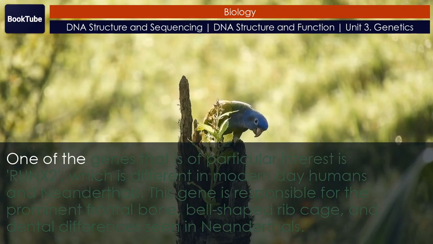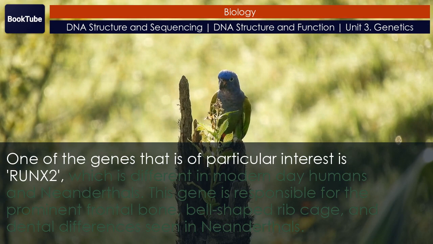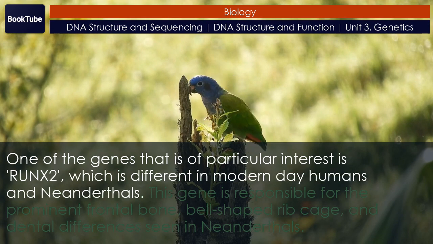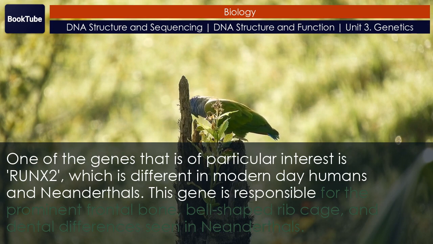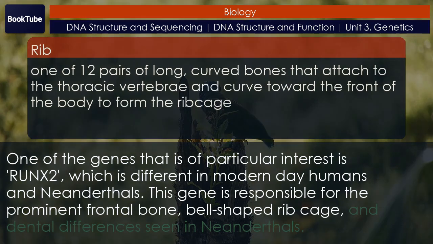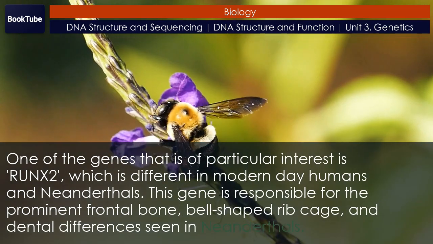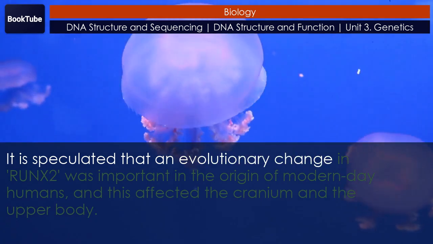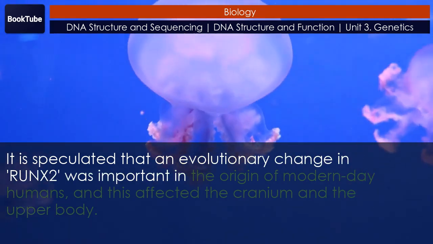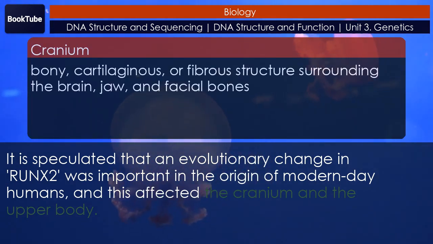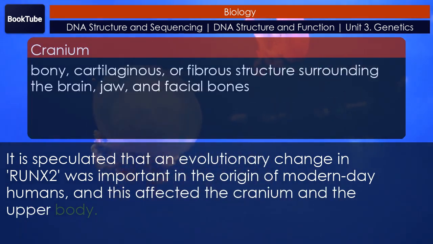One of the genes that is of particular interest is RUNX2, which is different in modern-day humans and Neanderthals. This gene is responsible for the prominent frontal bone, bell-shaped ribcage, and dental differences seen in Neanderthals. It is speculated that an evolutionary change in RUNX2 was important in the origin of modern-day humans, and this affected the cranium and the upper body.